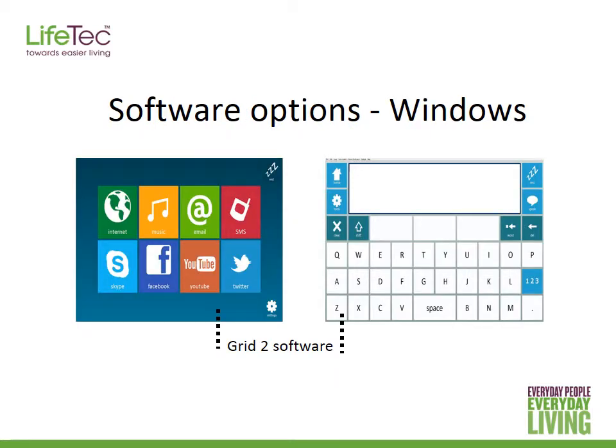The Grid 2 software also has a nice simple display, and it also has word prediction as well, so it might be easier and faster to type out emails and Word documents and that sort of thing. This software option is only available on some Windows devices.